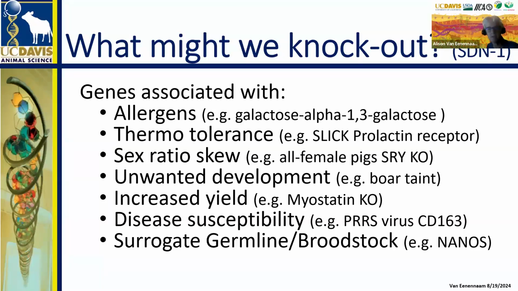We can do a sex ratio skew, so produce all female pigs, for example, so we don't need to castrate males because we've inactivated a gene that results in male development like SRY. We can stop unwanted development like boar taint, increase yield through things like myostatin, and then we have things like disease susceptibility, which is obviously something that's very important, and then surrogate germline and brood stock.